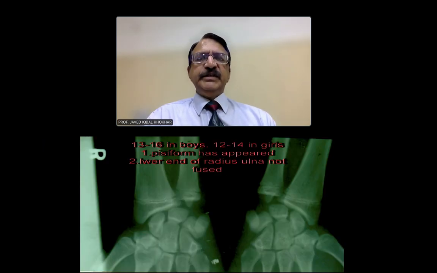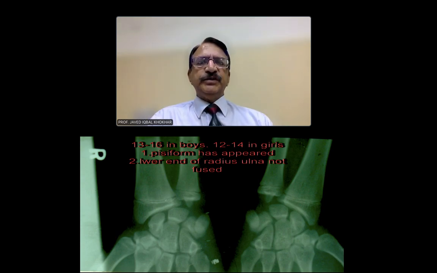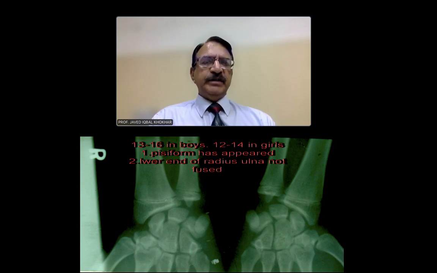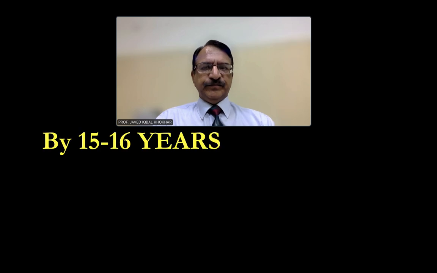And this is the X-ray showing 13 to 16 years in boys and 12 to 14 in girls. Pisiform has appeared, that is all 8 carpal bones, but the lower ends of radius and ulna are not fused. So it is below 13 in boys and below 12 in girls.